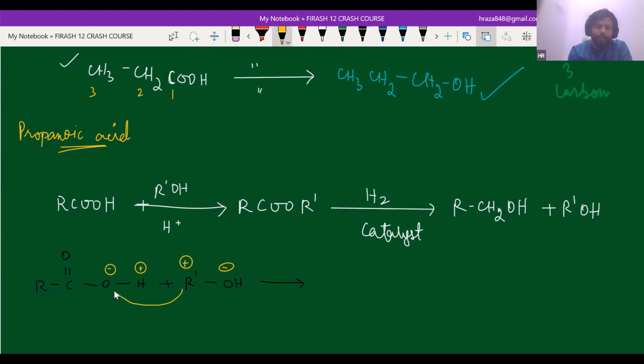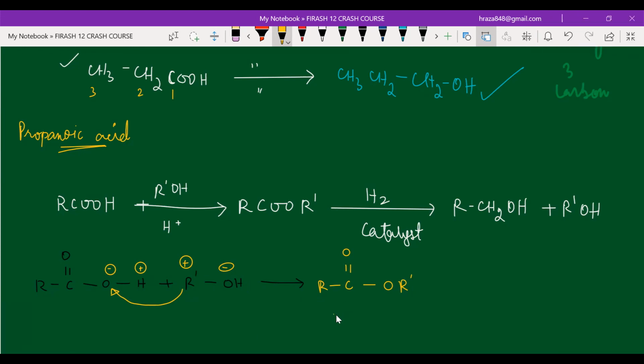So this will go to the negative, and you will get an ester, RC double bond O, OR dash. Can I write this? Are you getting my point? Yes. You got the ester.